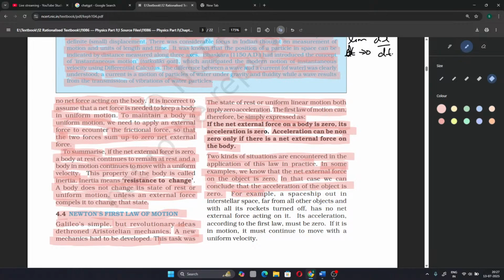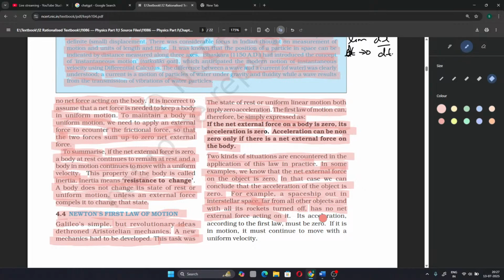For example, a spaceship out in interstellar space, far from all other objects and with all its rockets turned off. This has no net external force acting on it. We took interstellar space, and not only space here, because interstellar space is far away from many objects, many planets, away from any kind of force, any kind of net external force.